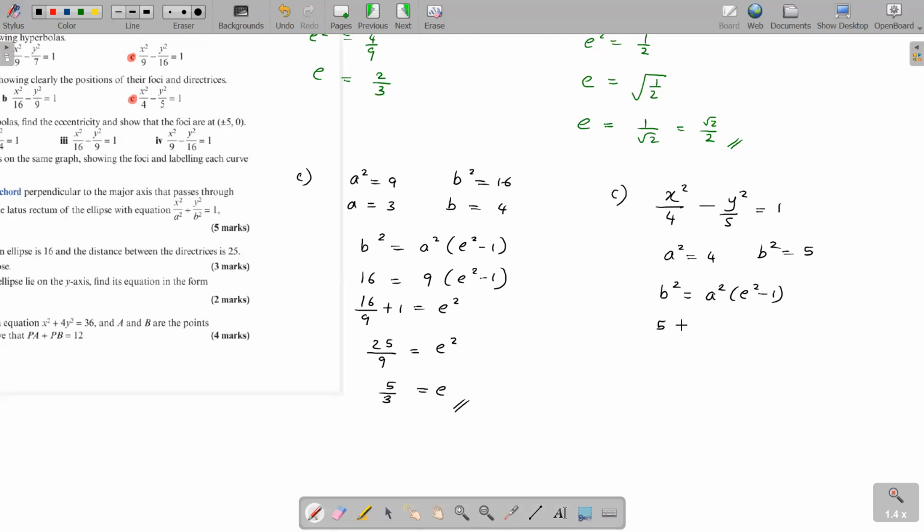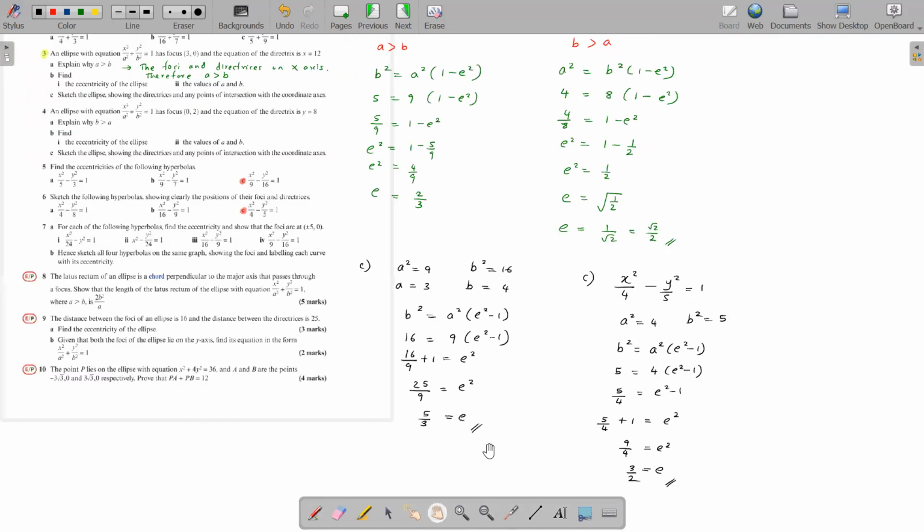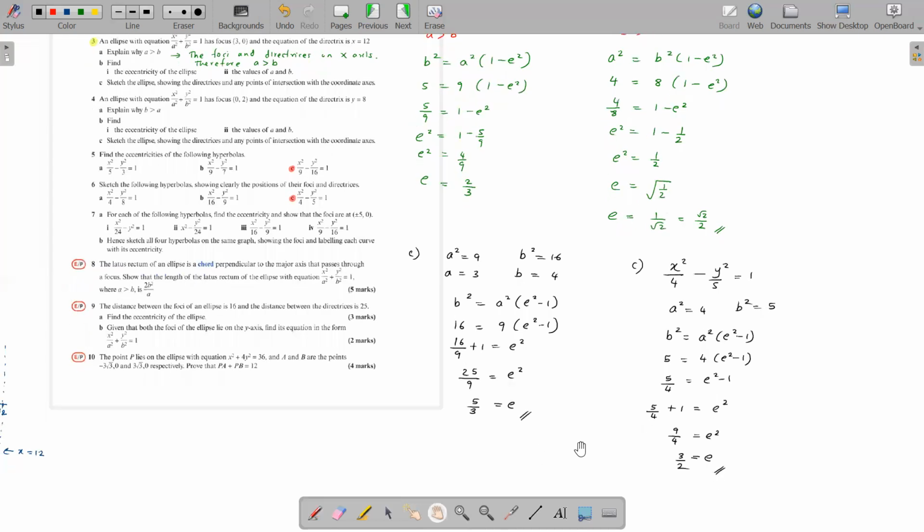So 5 equals 4 times e square minus 1, so 5 over 4 equals e square minus 1. Is that okay? 5 over 4 plus 1 is e square, which gives me 9 over 4 equals e square. So e is 3 over 2. Is that clear? Yes. Okay.